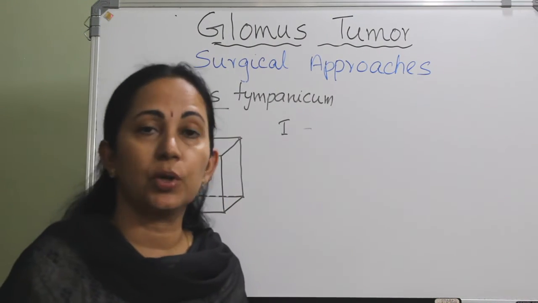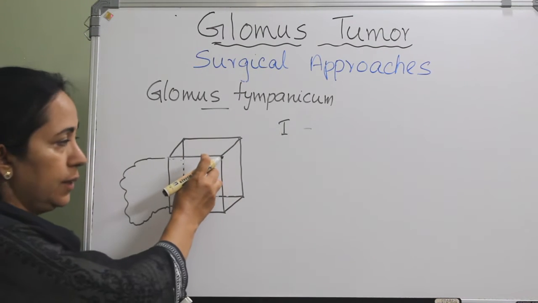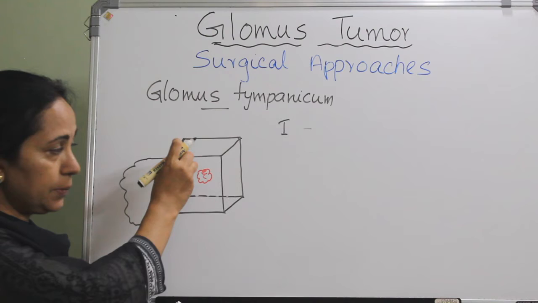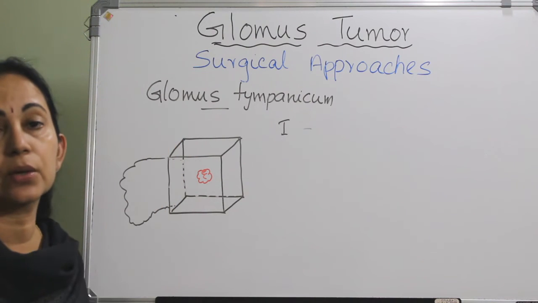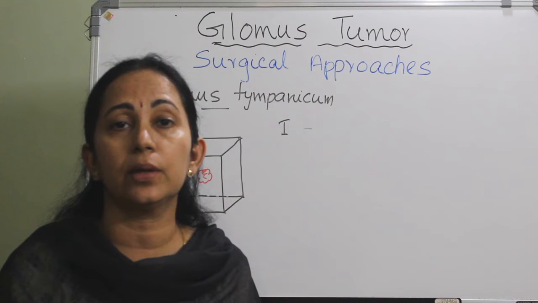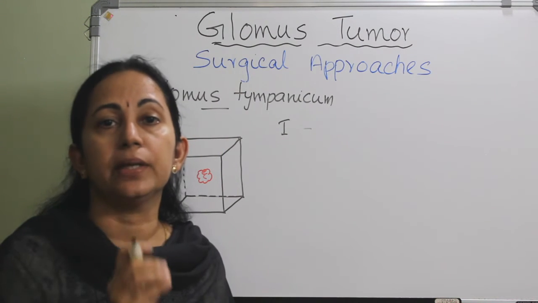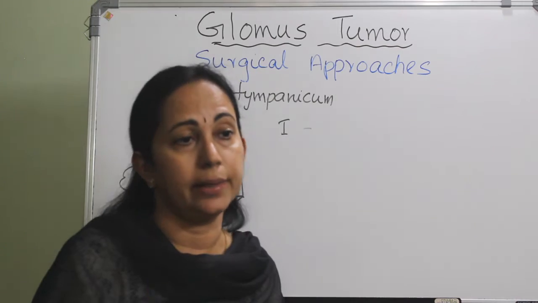The tympanomeatal flap is elevated. You can avulse the lesion from the promontory, the margins are cauterized, and hemostasis is attained either using bipolar cautery or small cotton balls or gel foam dipped in 1 in 1000 adrenaline.